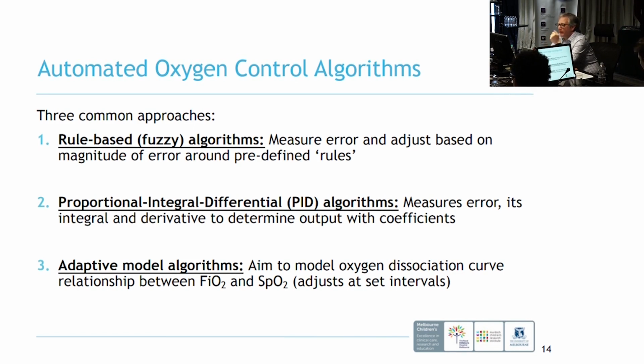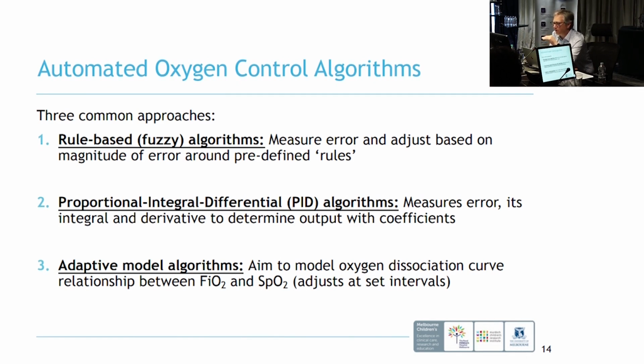And then we have the one that's in the Oxygenie here, which is a proportional integral differential algorithm, which is taking it to the next level. It doesn't just tell it what to do, it tells it how much to do it. So it says that if you have a really big change in your saturations, we need a quicker and bigger change in FO2.